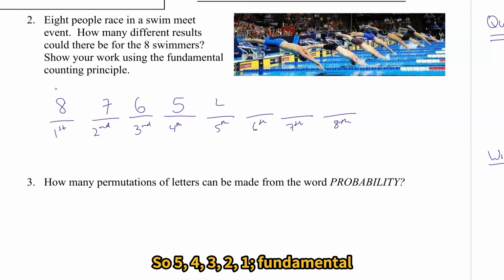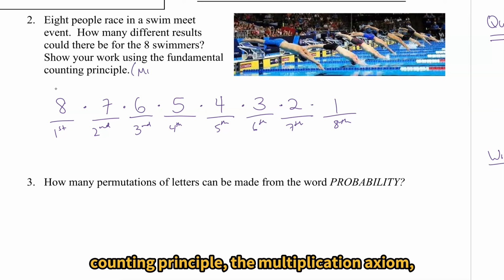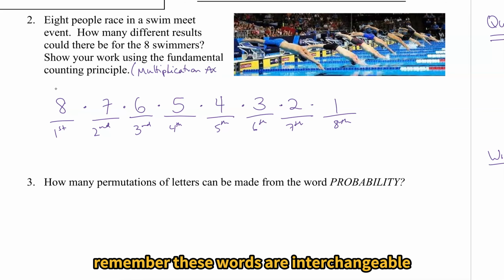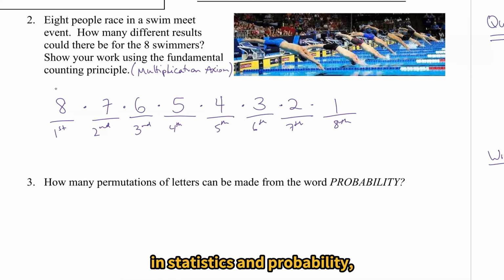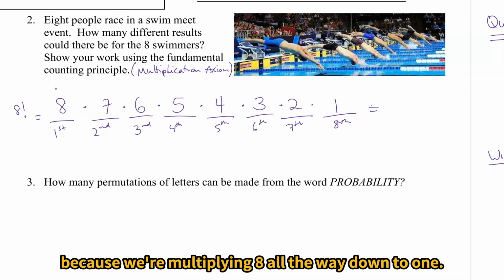So 5, 4, 3, 2, 1. Fundamental counting principle, the multiplication axiom. Remember, these words are interchangeable in statistics and probability. These multiplied together also equal 8 factorial because we're multiplying 8 all the way down to 1.